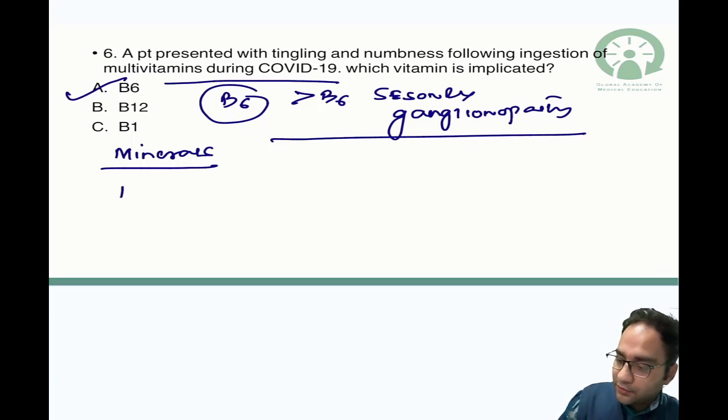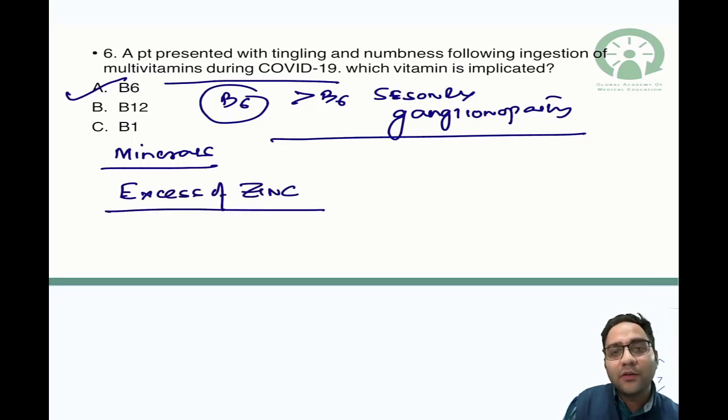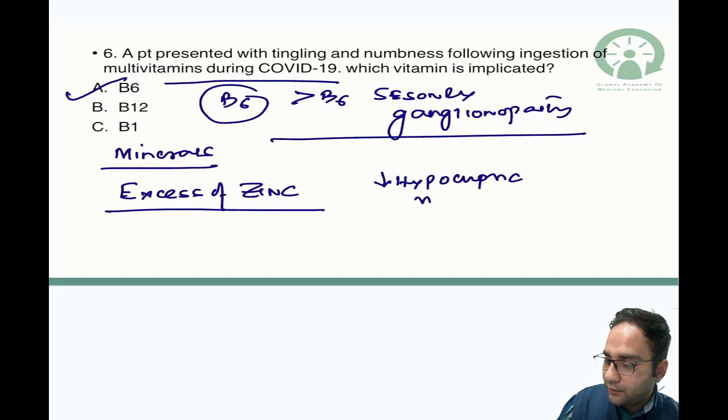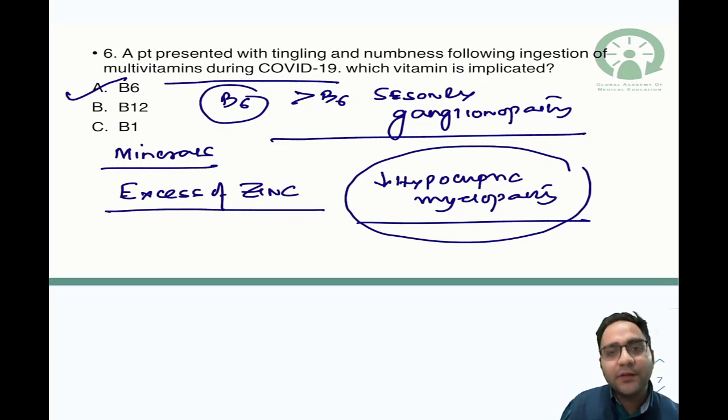So excess of zinc causes hypocupric myelopathy. So this question can be twisted in your exam in this way.